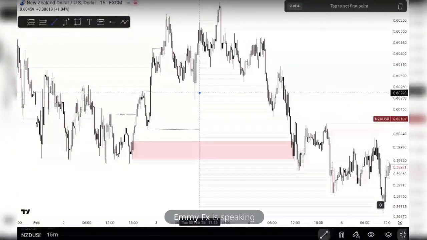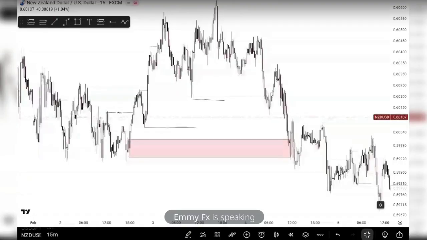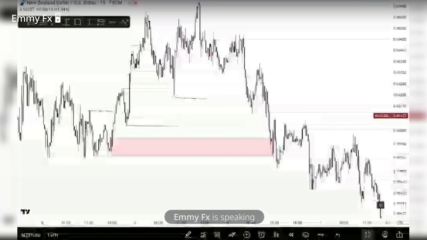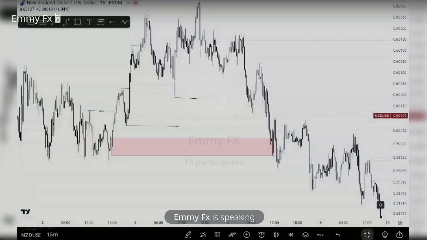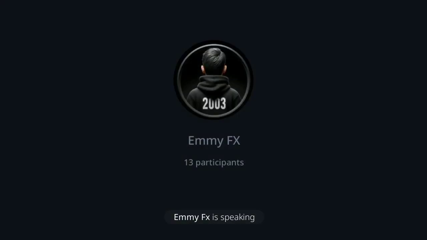I also spotted here as liquidity, and this is an A plus setup. Liquidity is being identified clearly in here. But what price did is price cleared us out from here once having this analysis.